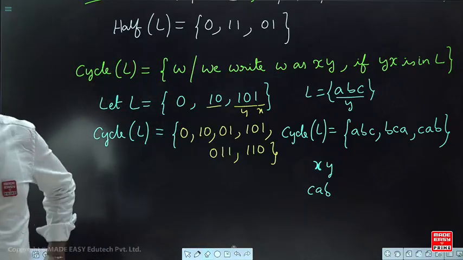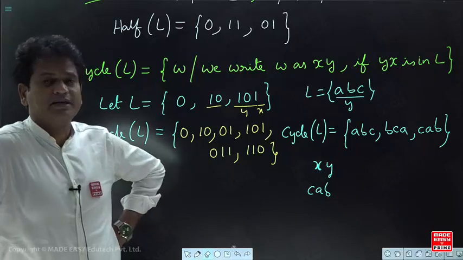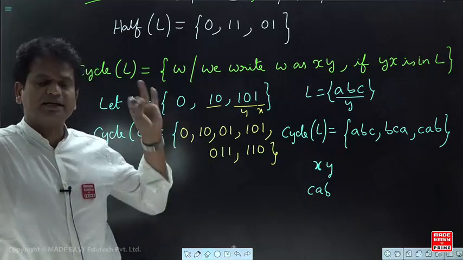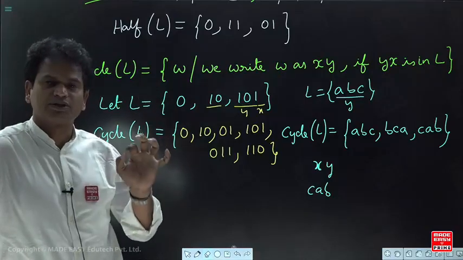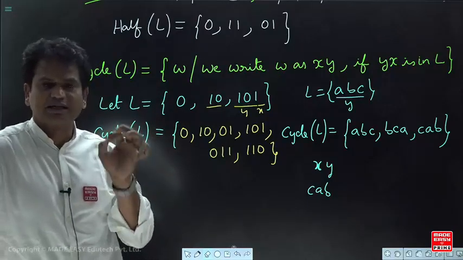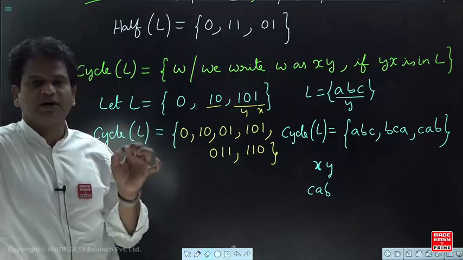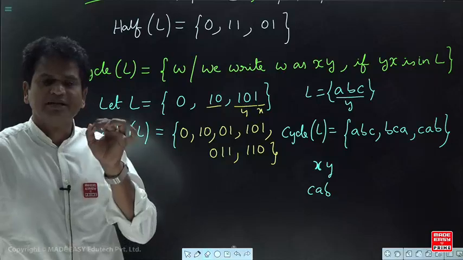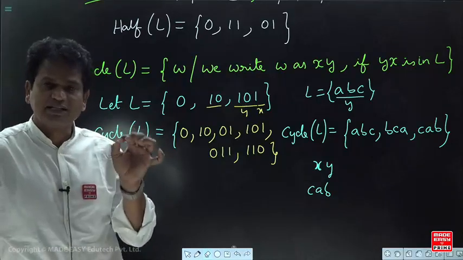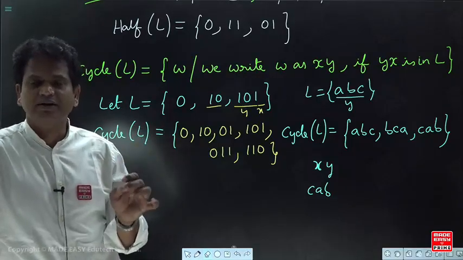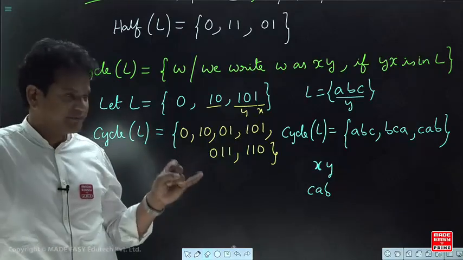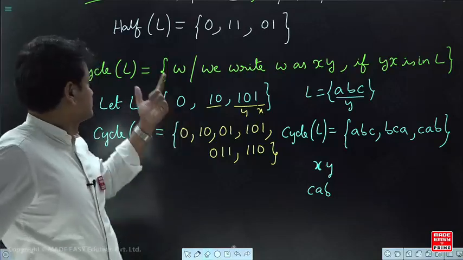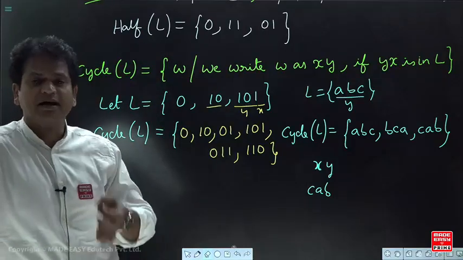So guys, total properties. See how many properties I have given. Starting with union, intersection, concatenation, Kleene closure, positive closure, quotient, left quotient, right quotient, then exclusive OR, exclusive NOR, NAND, NOR, homomorphism, inverse homomorphism, then substitution, then H of H inverse of L, H inverse of H of L, then prefix, suffix, minimum, maximum, then cycle, alter.